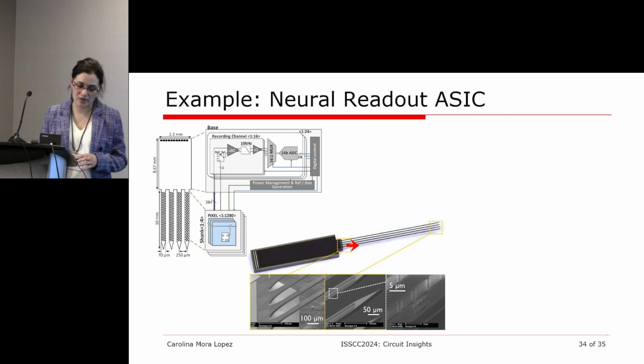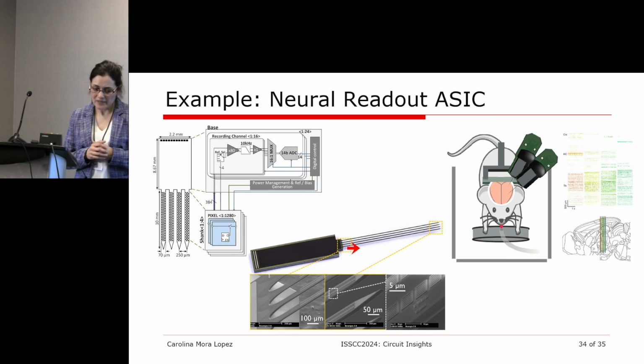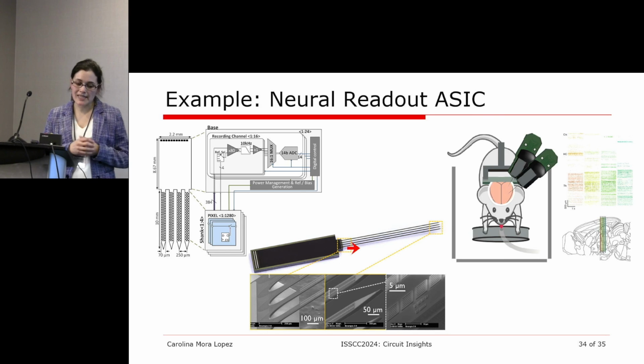That's very important. These probes can be implanted in the brain in order to record many brain signals at the same time. This is an example of a paper that shows they could measure many of these action potentials in order to study how certain brain regions collaborate together during a function.